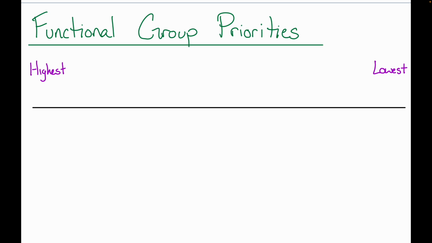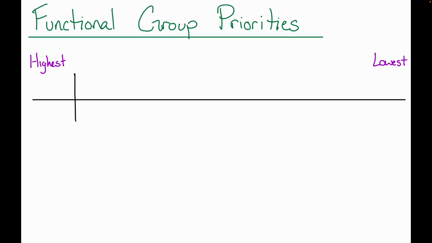Okay, and now we got 6 functional groups here, and for each one, we're going to need to talk about how we refer to it by its prefix and its suffix. All right, so now we have 6 here.